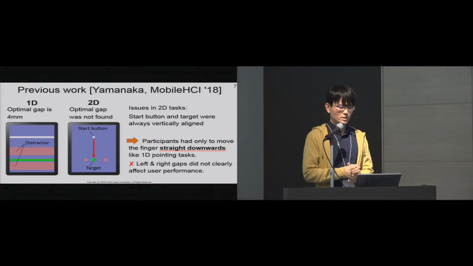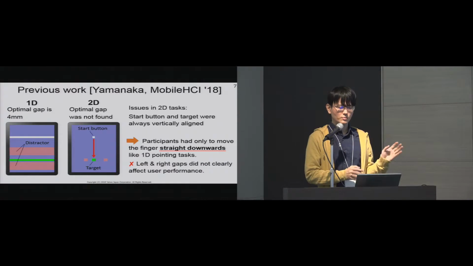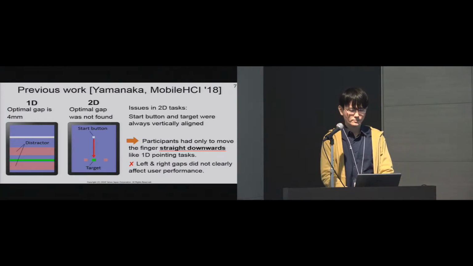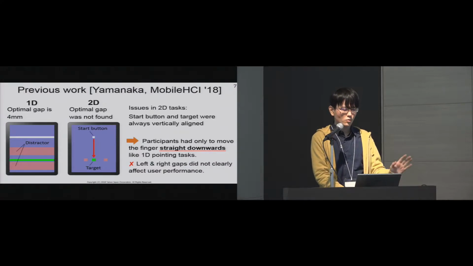To investigate the optimal gap, we have already reported the results of these two experiments. In the 1D condition, we found that the optimal gap was 4 millimeters. But we couldn't find the optimal gap in the 2D condition.